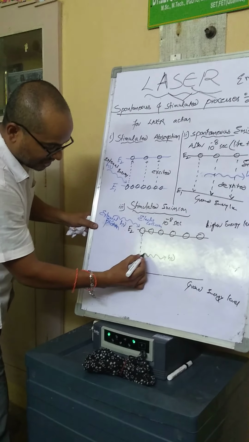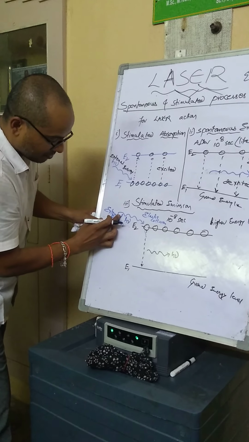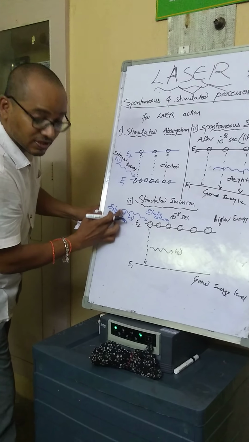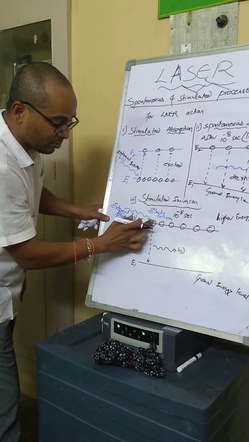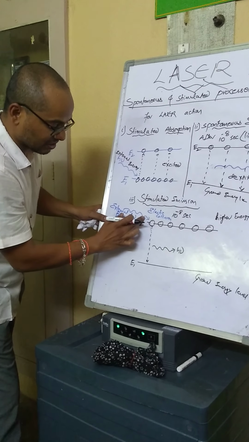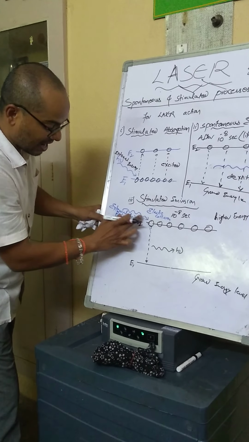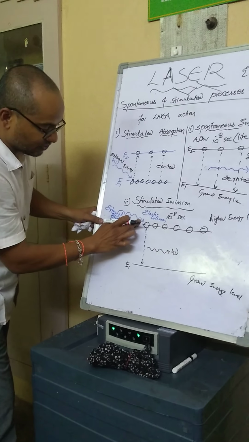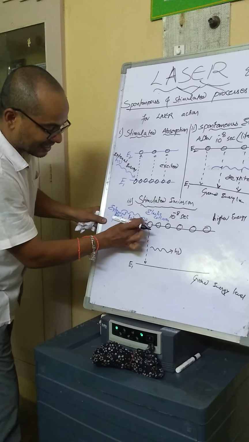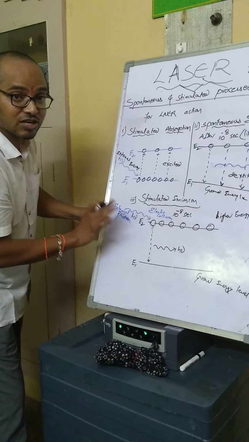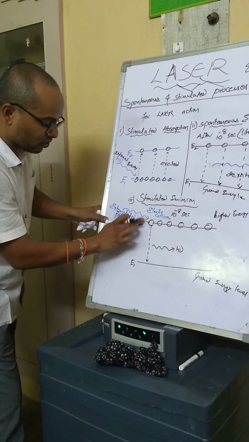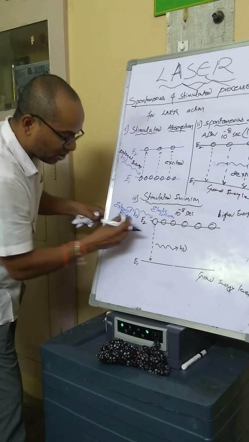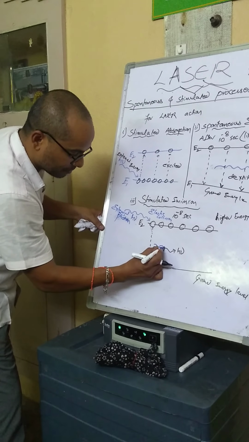In this process it emits a photon. But what happened to the external photon? This is not absorbed by this atom. This photon, which I indicated with the blue ink, and this atom's interaction is purely an elastic collision. There is no absorption. Therefore this photon automatically follows, as it is not absorbed.